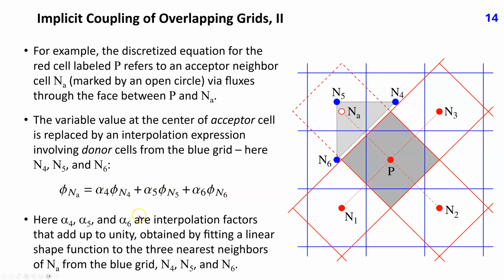Here, alpha 4, alpha 5, and alpha 6 are interpolation factors that add up to unity, obtained by fitting linear shape function to the three nearest neighbors of NA from the blue grid, N4, N5, and N6.